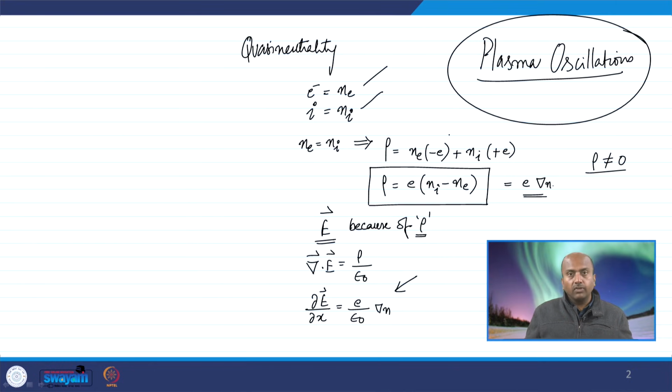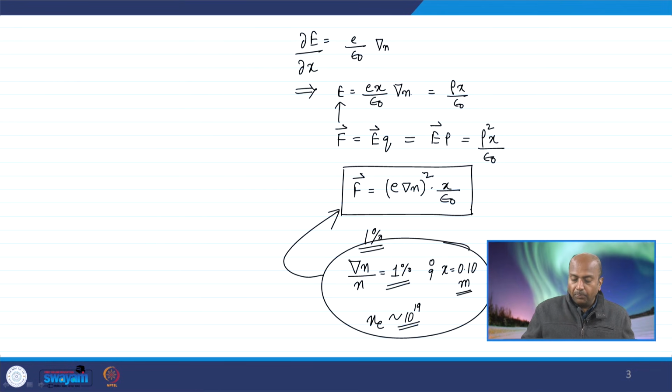And if there is a charge, we can calculate the electric field resulting from the charge density, and subsequently we can also calculate the force which will be acting along the distance of separation between those two points. And we got this simple expression, and if we substitute a specific case, let us say a plasma system in which there are 10 to the power of 19 electrons and ions, one of the charge carriers is smaller by 1%. Okay, and this charge separation is existing over the distance of 0.1 meters, right?